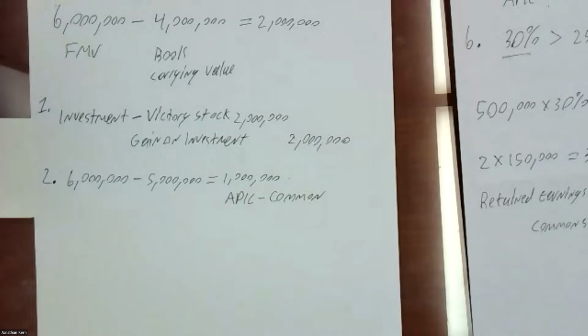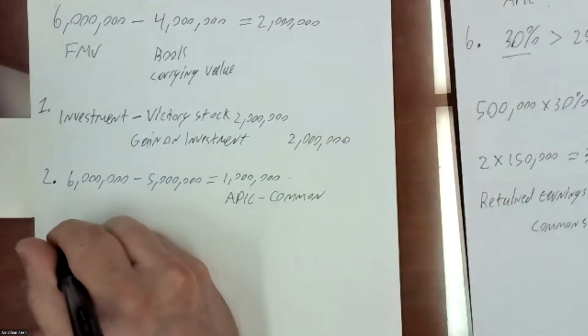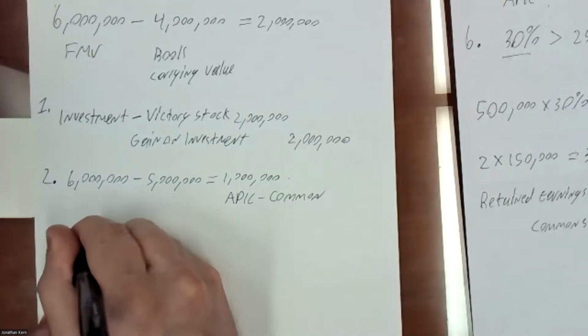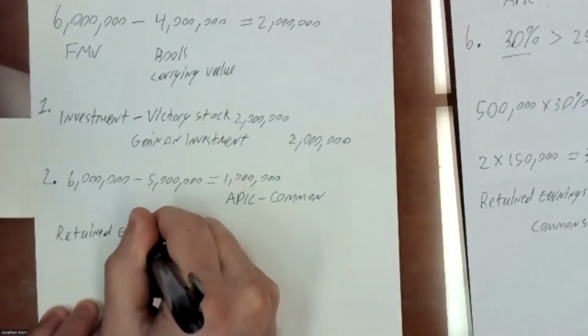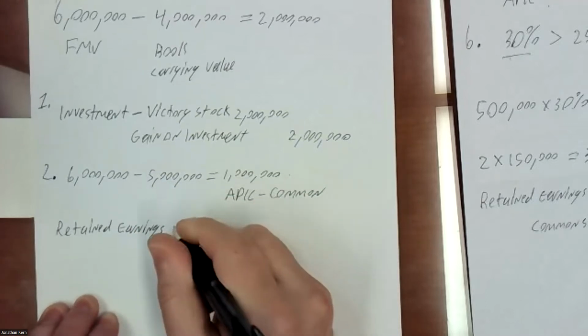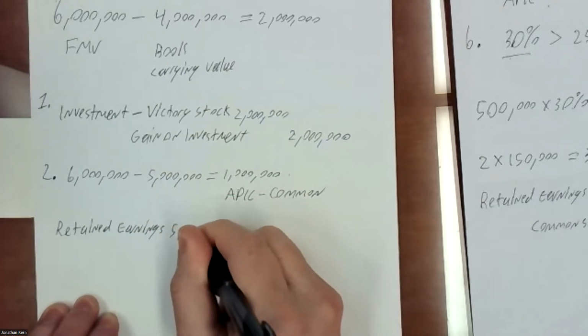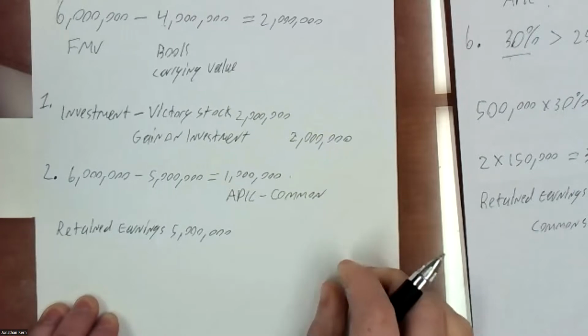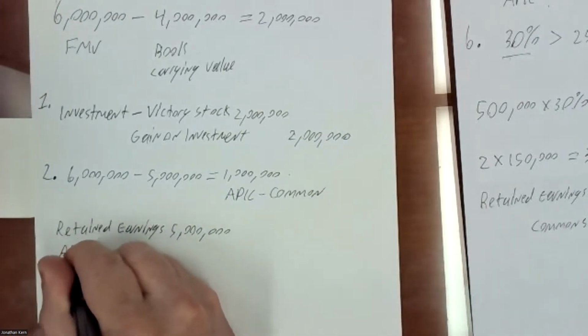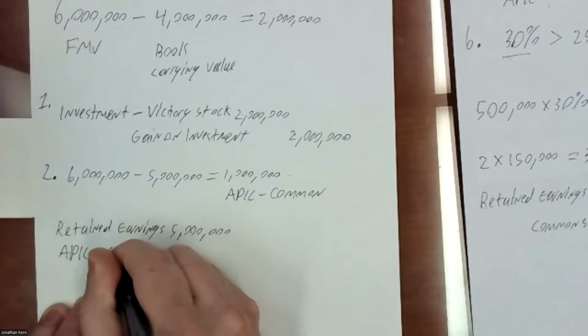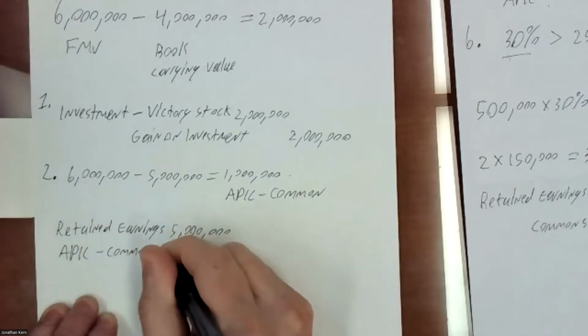So our journal entry would be a debit to retained earnings for $5 million, a debit to additional paid in capital common for $1 million.